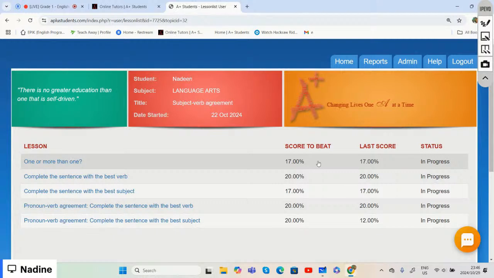But if it is plural, referring to more than one person or thing, then our verb does not end with an s.